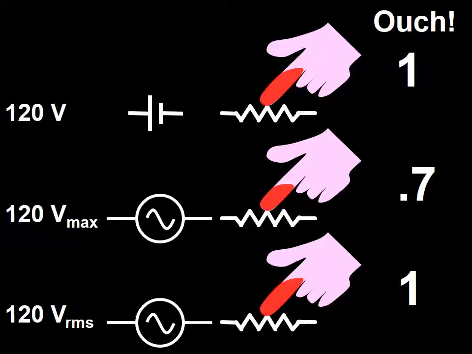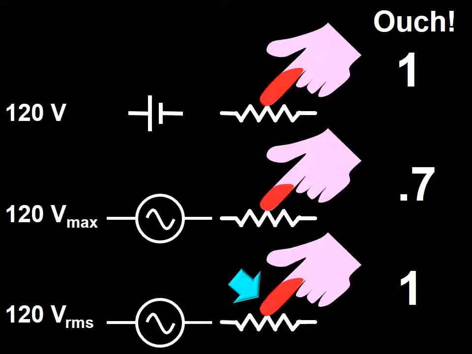In the lower area of the frame, I have introduced alternating current being used, but this time the voltage is being given not as a maximal voltage, but as a function of the mysterious RMS.